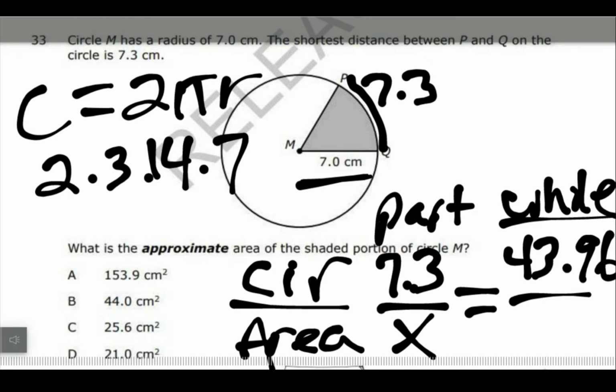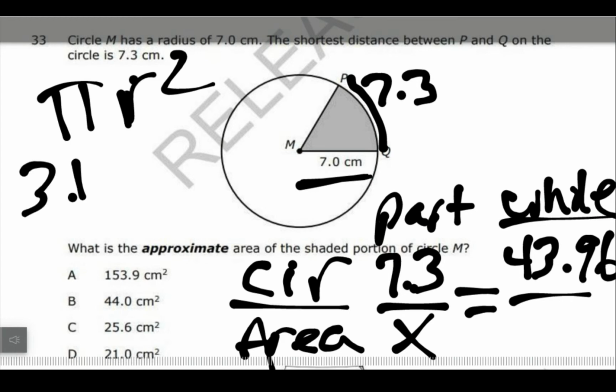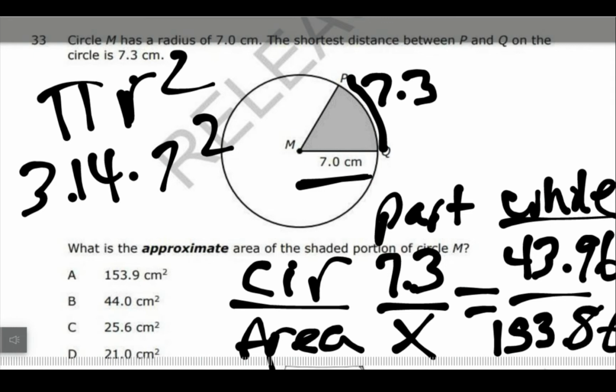And then we can also find the area since they give us the radius of the whole circle. Remember that area is pi r squared. So I do pi times 7 squared, and that would be 153.86.